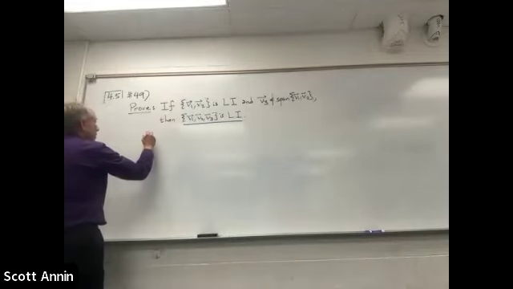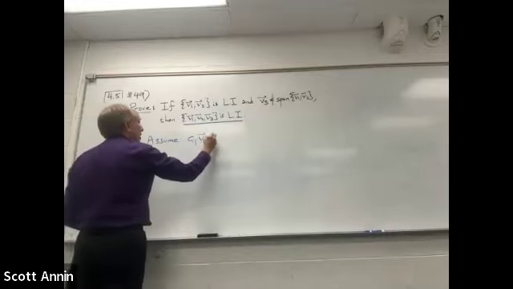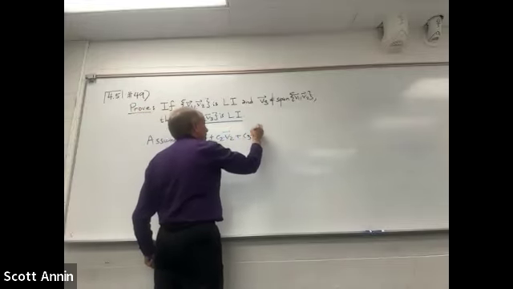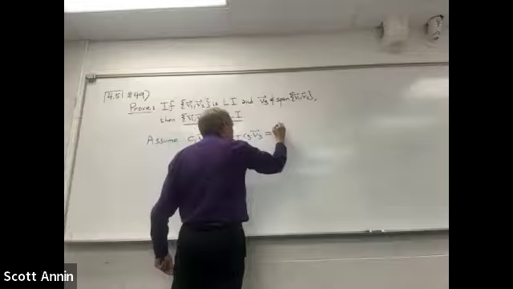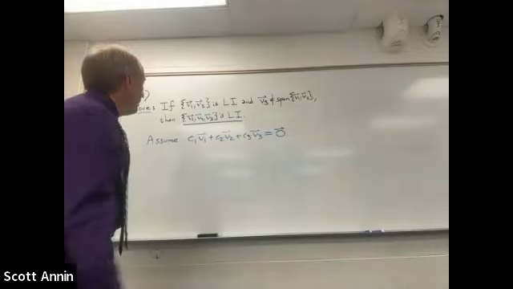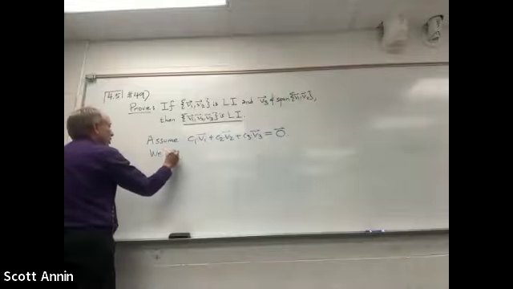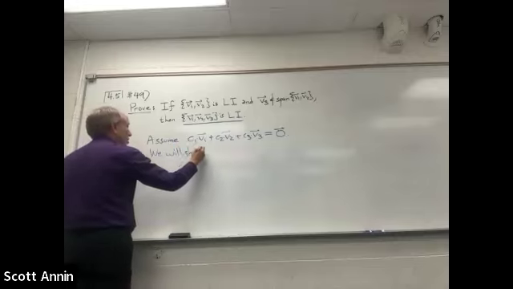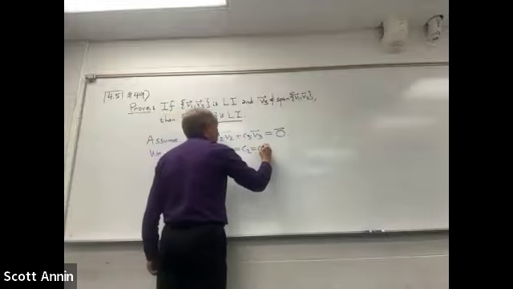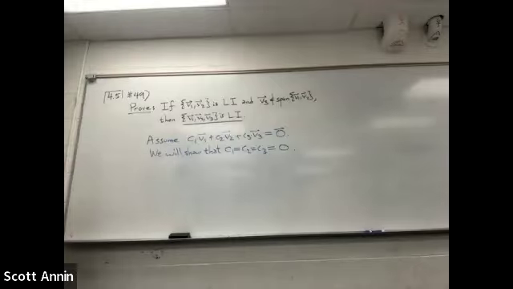Let's assume that c1 times v1 plus c2 times v2 plus c3 times v3 does in fact add up to 0. Let's assume that one, right? And again, just like on the last example, we will show that c1 is equal to c2, which is equal to c3, which is equal to 0.